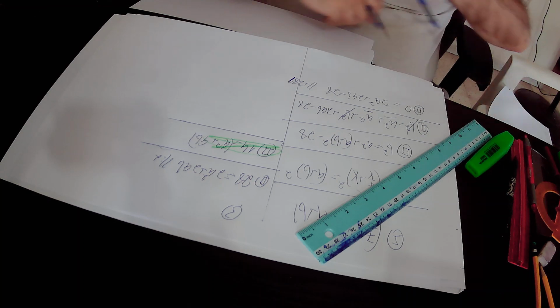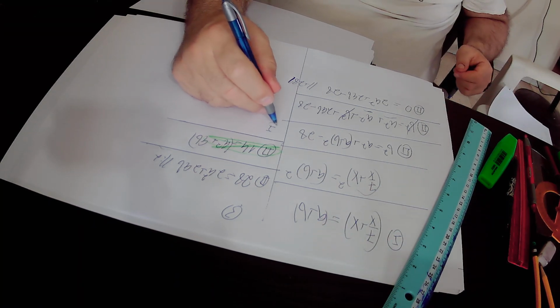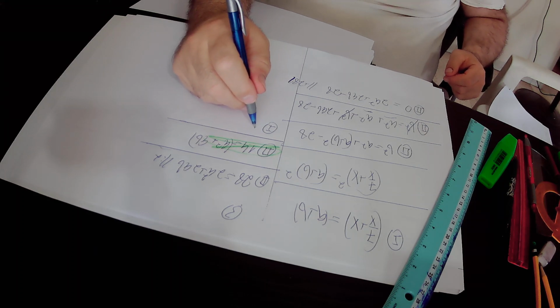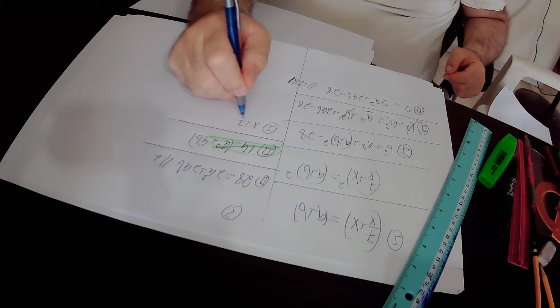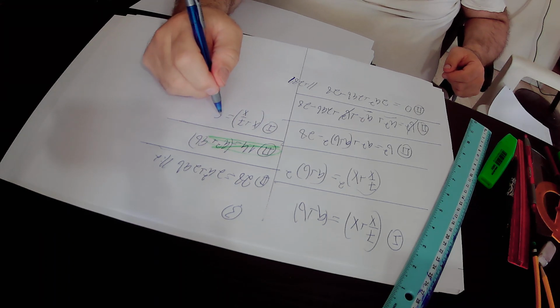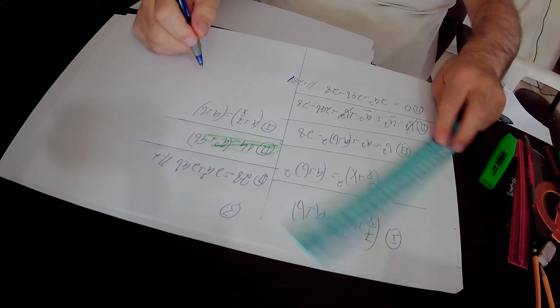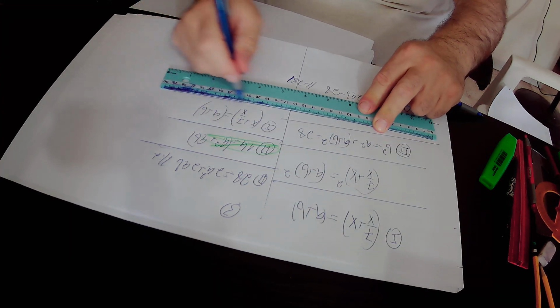And according to equation 1, we have already found out that x plus 7 over x equals a plus b. So we have here 2 equations.